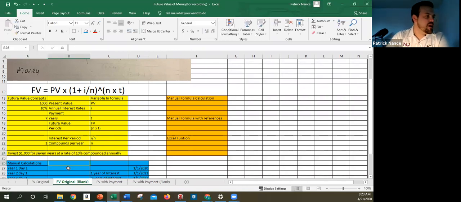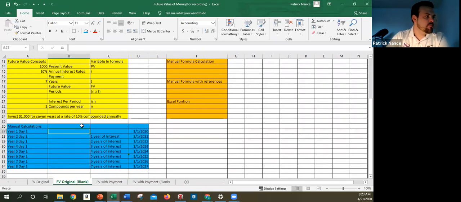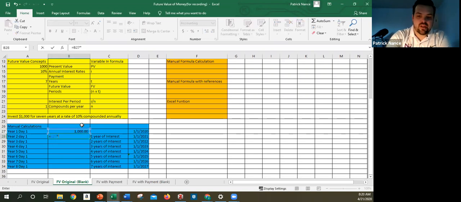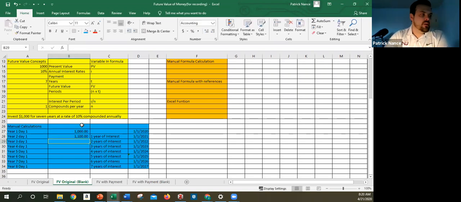Well, the manual calculation method that I think most people understand is if I start with $1,000 and it grows at a rate of 10%, I can simply multiply that $1,000 times 1.1, and that would give me how much it is after 1 year. I can do the same thing again, multiply 1,100 by 1.1, multiply 1,210 by 1.1, and so on and so forth, all the way down till the end of 7 years to get the value as 1948.72.